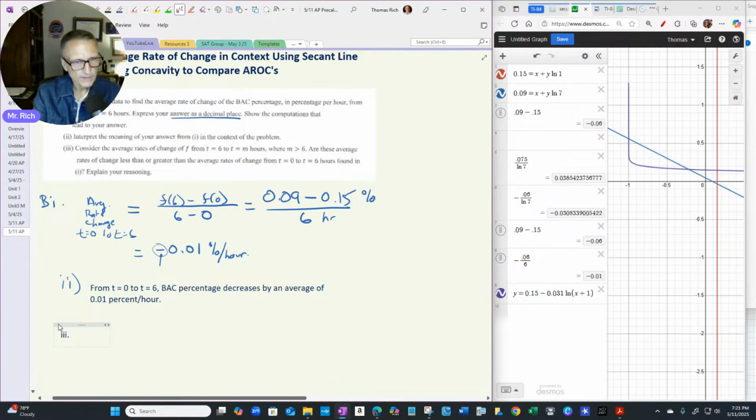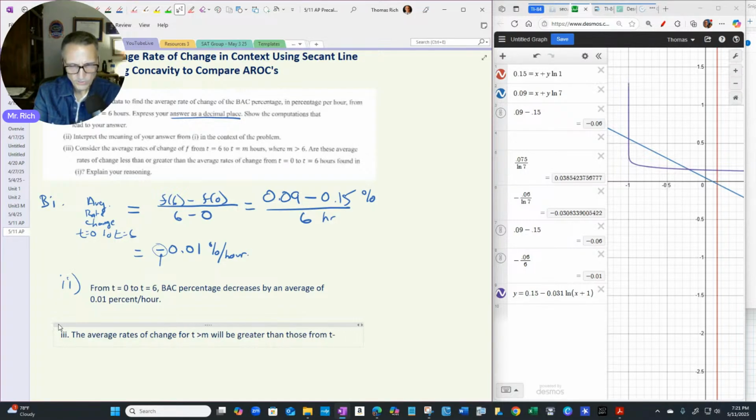So we are going to say the average rates of change for t greater than 6 will be greater than those from t equals 0 to t equals 6, because the function f of t is concave up, and thus the average rates of change are increasing.